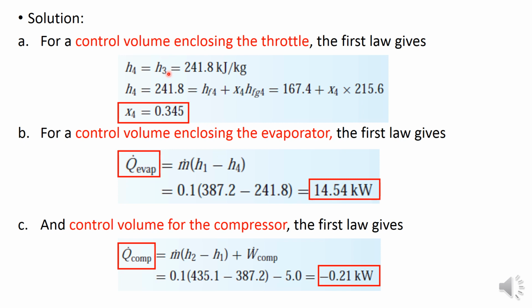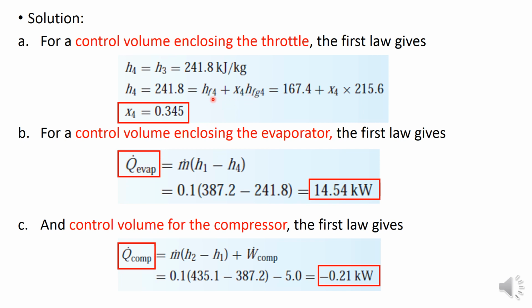So find the enthalpy, that is H3, for R134A from the table, and you can note down that it is 241.8. Equate this to find the value of X4, that is the dryness fraction at the exit of the throttle valve. So it is given by HF plus X HFG at 4.